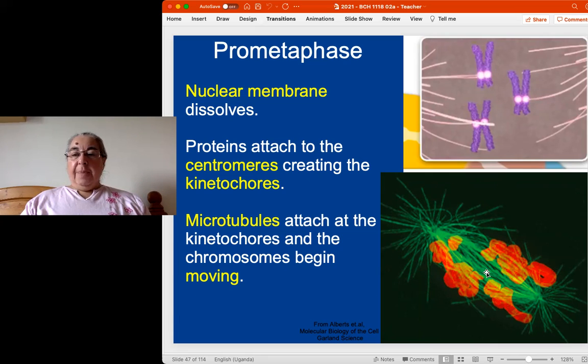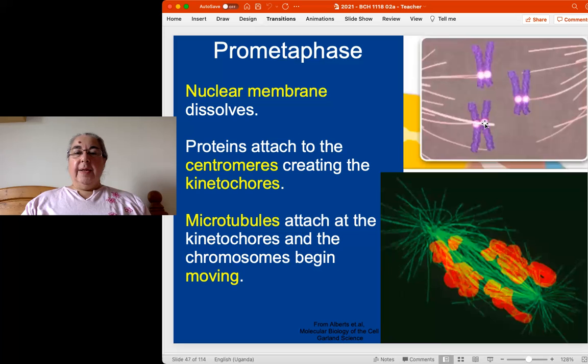If we think about what the chromosomes are doing, in prometaphase, the proteins attach to the kinetochores. The centromeres of the chromosomes are the places in the center where the two sister chromatids are joined together.